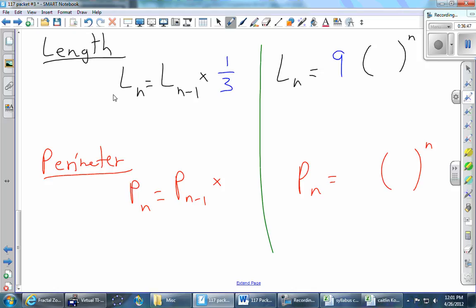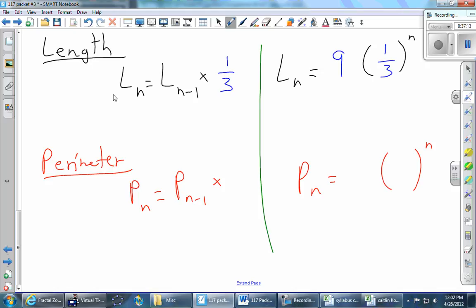What did we multiply by every time in this column? 1/3. That right there is the formula for the explicit version. Yes, that's why we need the parentheses. Okay, so we've got our 2 versions for the length.